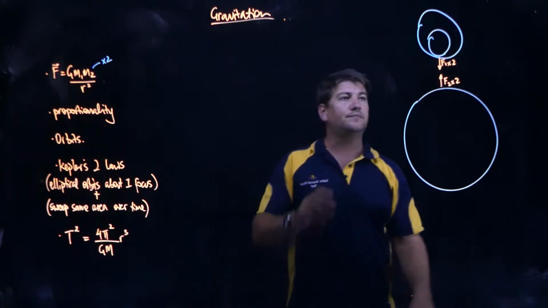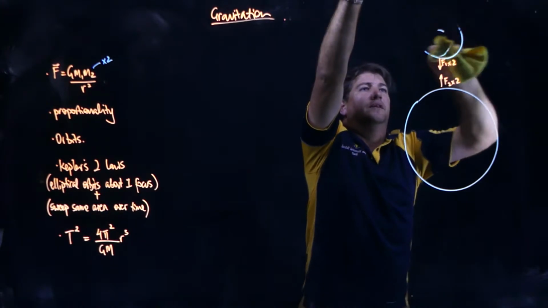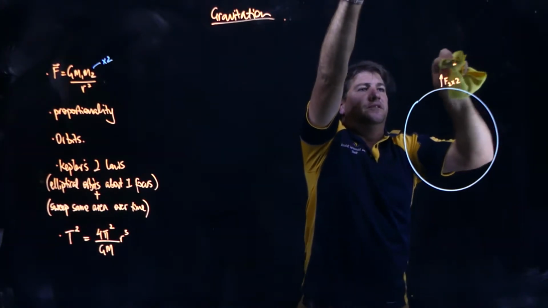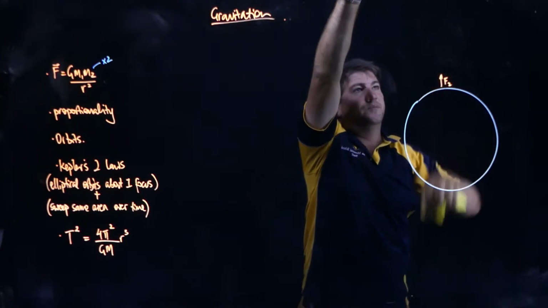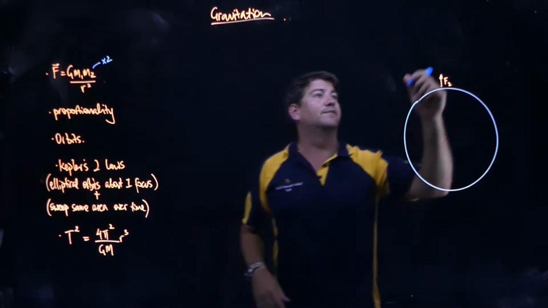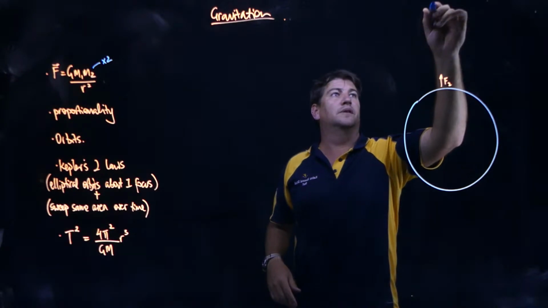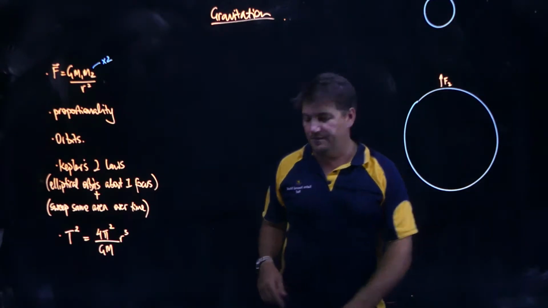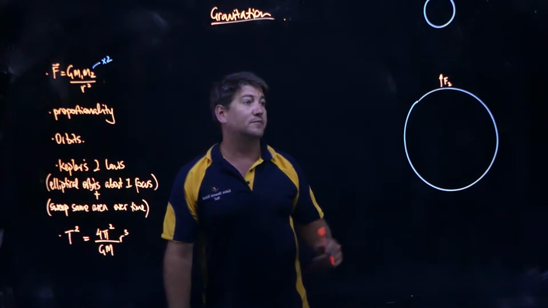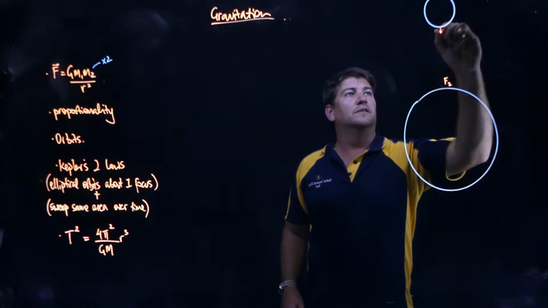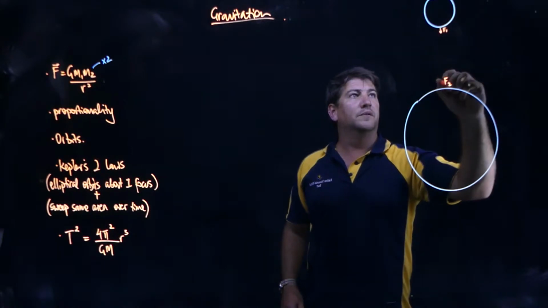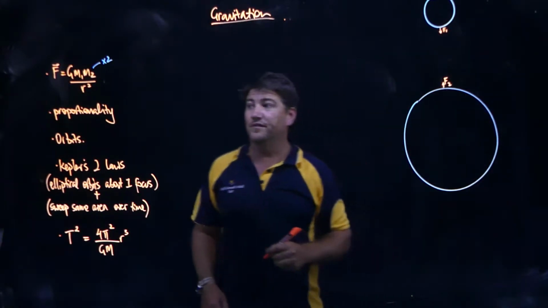However, if I was to change the distance between them, I'm going to make them further apart. So double the distance. If I make them double the distance, I'm actually going to make the force a quarter the size.